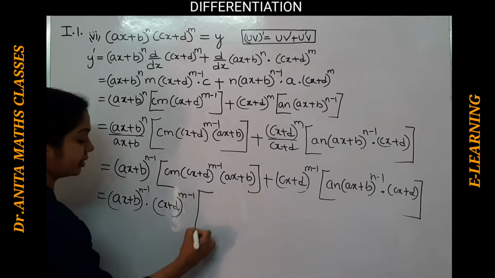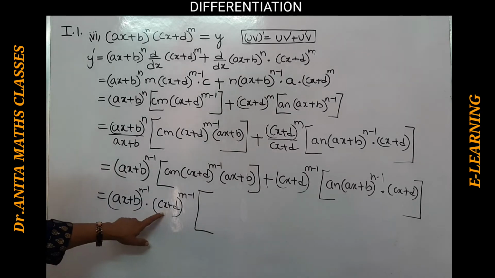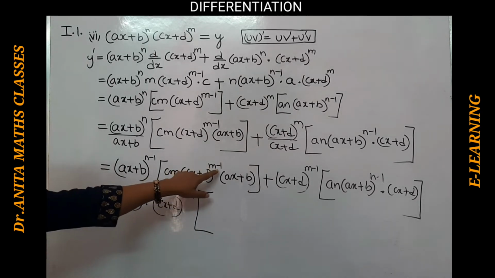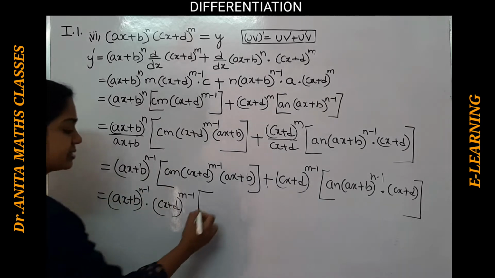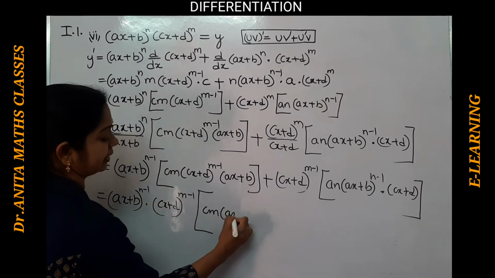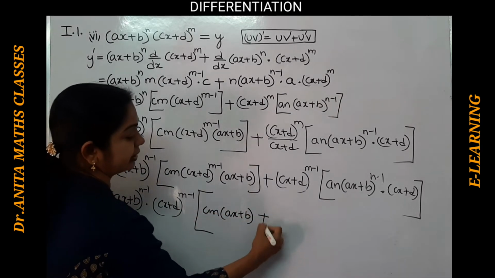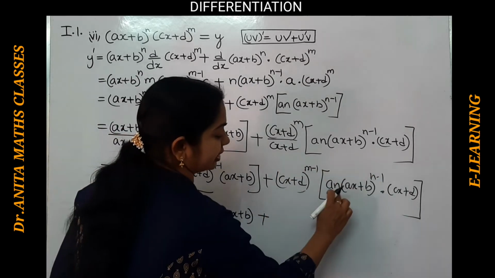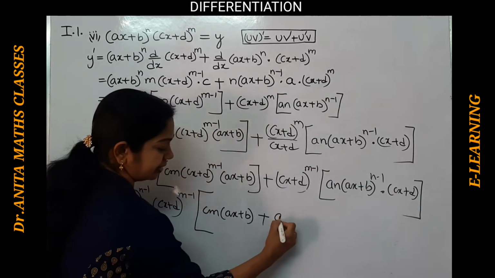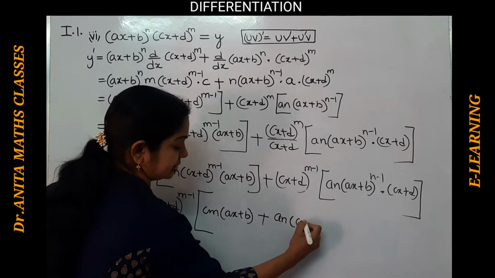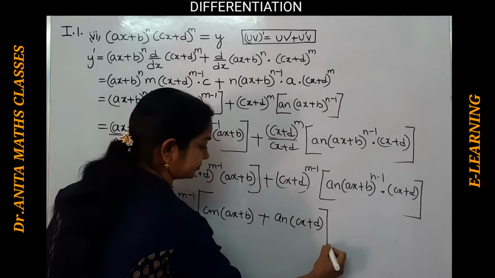Both I am taking out. So if (cx+d) raised to the power of m minus 1 and this one are out, the remaining is just cm(ax+b), and here this part and this part I have taken, so these two are left over, and cx+d here.